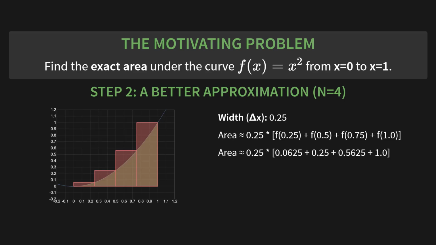That comes out to 0.25 times 0.0625 plus 0.25 plus, and so on. Our final area is 0.25 times 1.875, which equals 0.46875. Much better. We're getting closer.